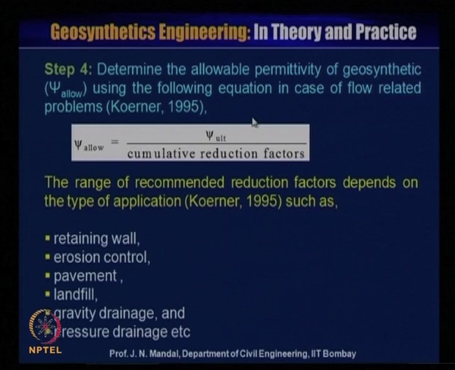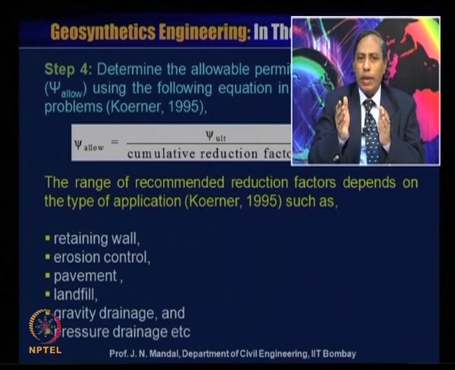Now step 4, determine the allowable permittivity of geosynthetics, psi allowable, using the following equation in case of flow related problems, Koerner 1995, because you know the ultimate permittivity. So you have to calculate the allowable permittivity, psi allowable. Psi allowable is equal to psi ultimate divided by the cumulative reduction factor. Now this cumulative reduction factor depends upon the type of application.